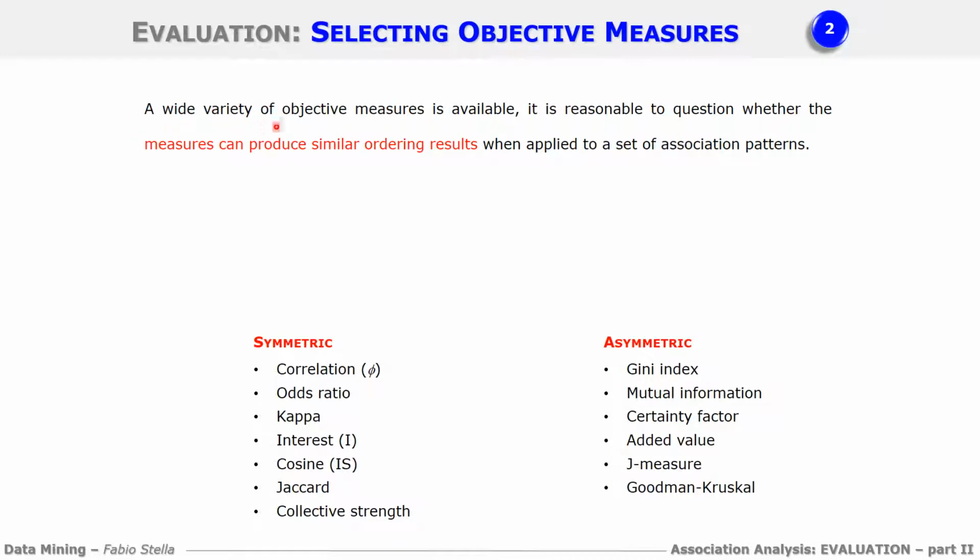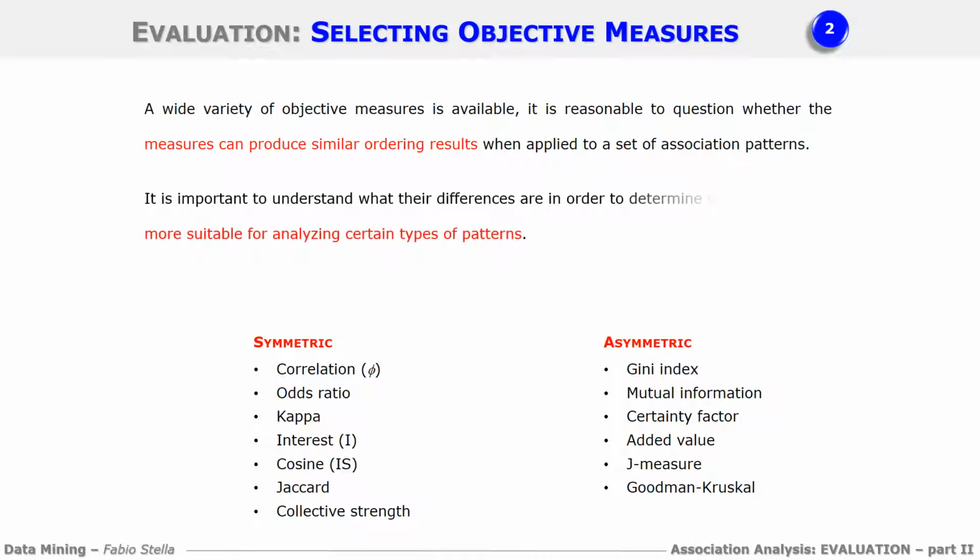A wide variety of objective measures is available. It is reasonable to question whether the measures can produce similar ordering results when applied to a set of association patterns. In particular, it is important to understand what their differences are in order to determine which measure is more suitable for analyzing certain types of patterns.